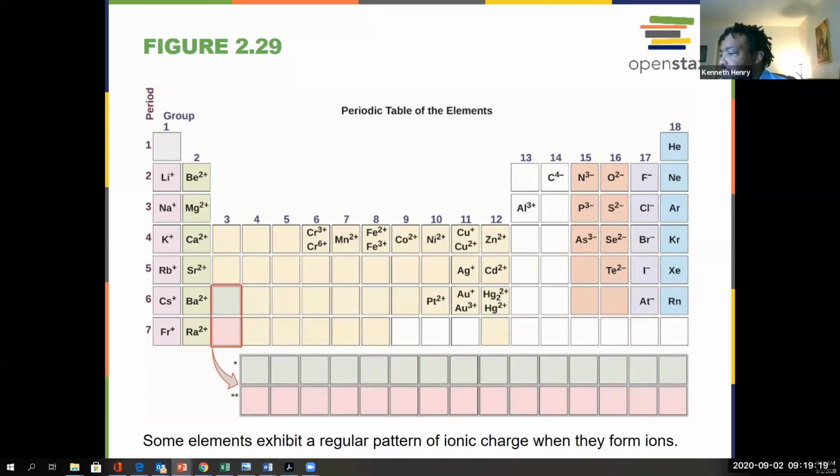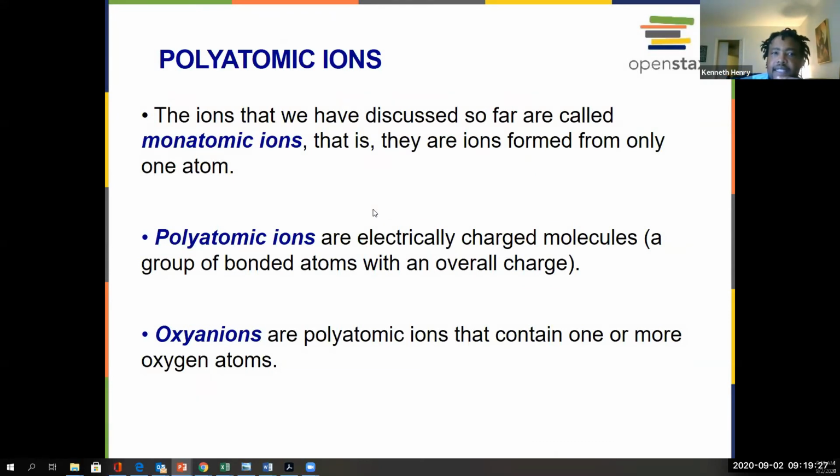Okay, good. Our next topic is polyatomic ions. So far we've talked about monatomic ions. Monatomic meaning one atom, like our sodium plus.